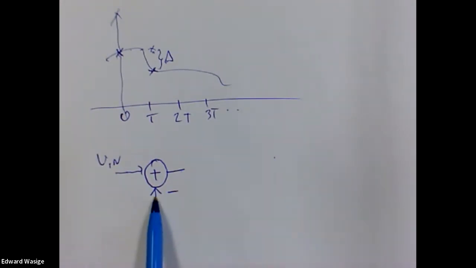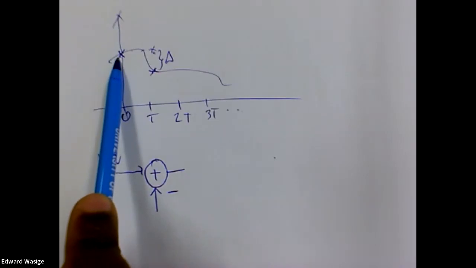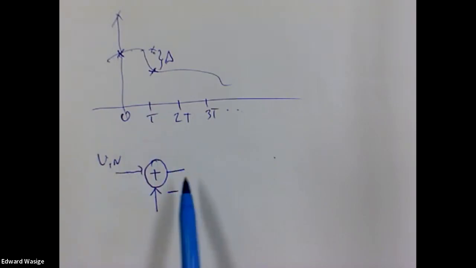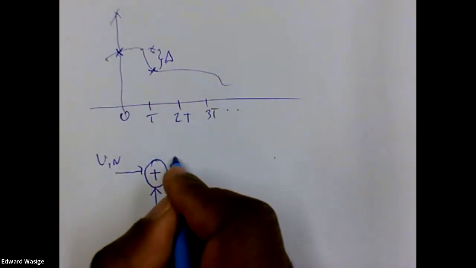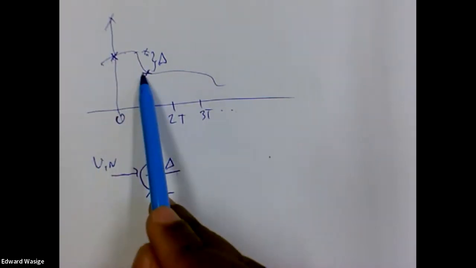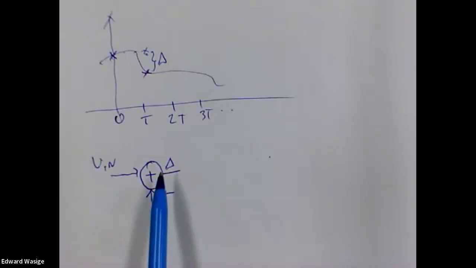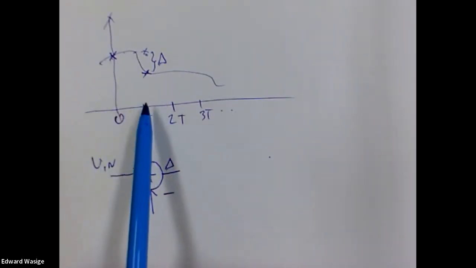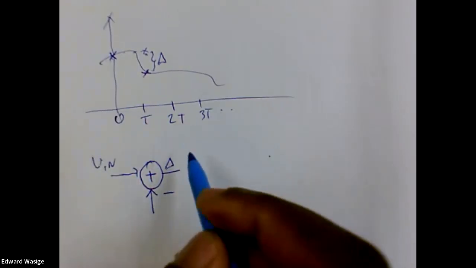So the signal coming back here corresponds to time t equal to 0. The signal that we've just sampled corresponds to time t. So the signal that comes here will be the difference between the current sample and the previous sample. We call it delta.